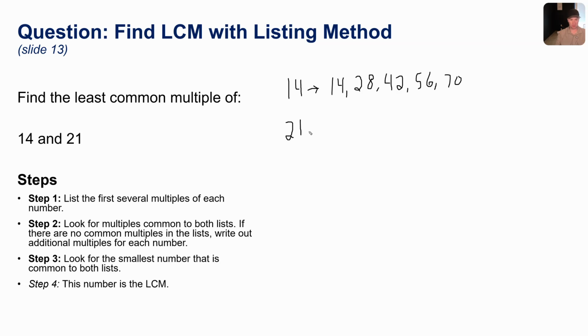For 21, we have 21, 42, 63, and 84. If I went out one more for 14, I would also get to 84. Some of the common multiples that I see here are the number 42 and 42, and also 84 and 84. So in this case, the LCM, the least common multiple of 14 and 21, is the number 42.